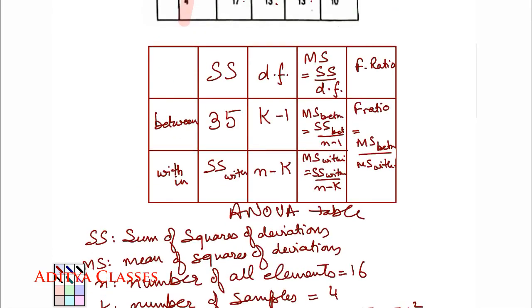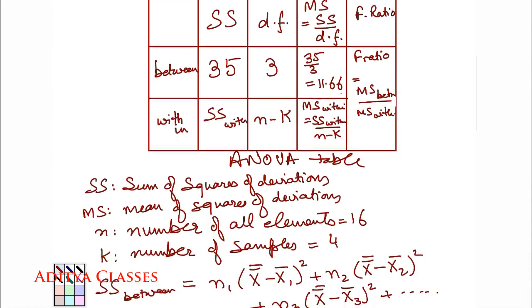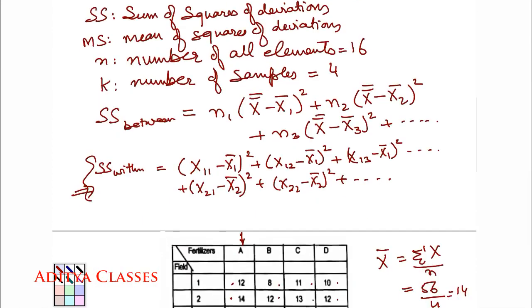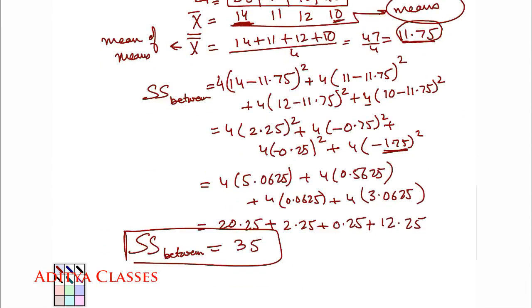K is 4, so K minus 1 will become 3, and MS between is SS between upon degrees of freedom, so it will become 35 upon 3, giving us a value of 11.66. Fine. Now let us get on with SS within. Now this was SS between.